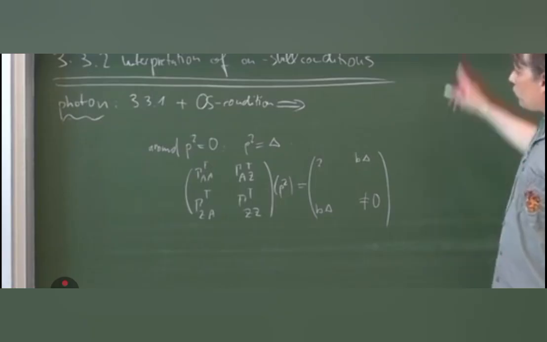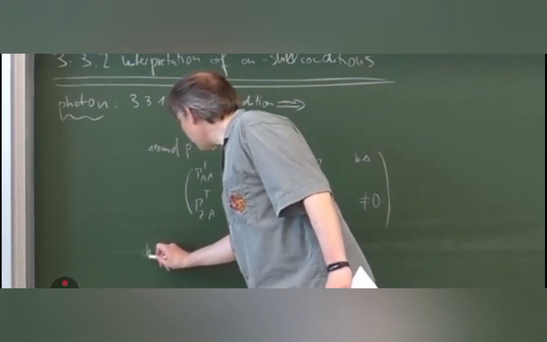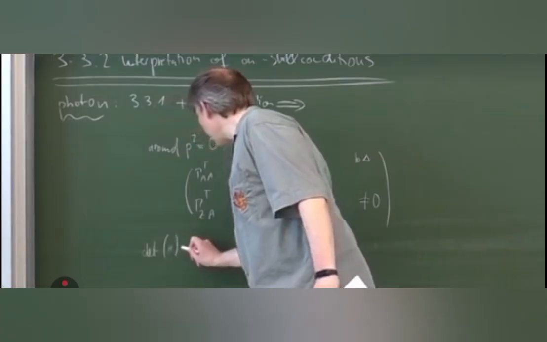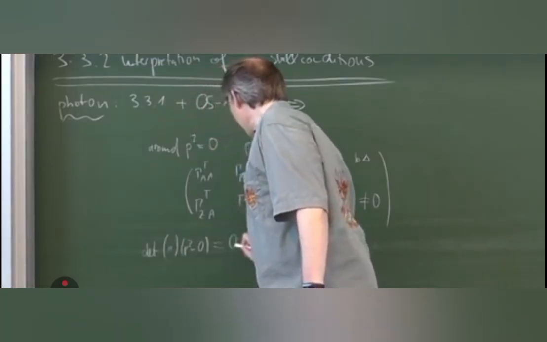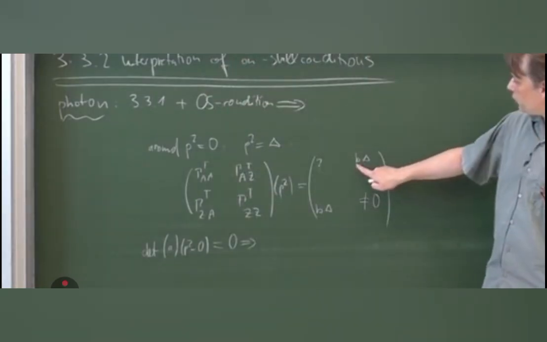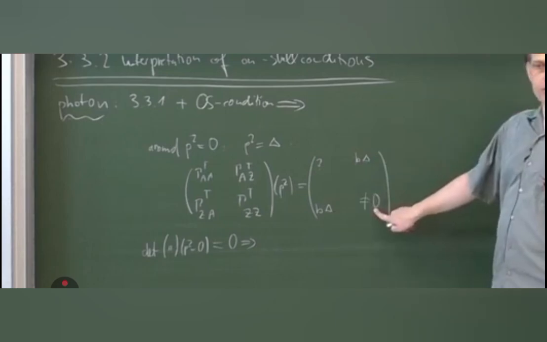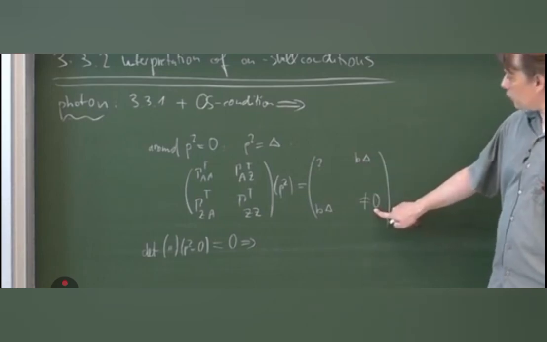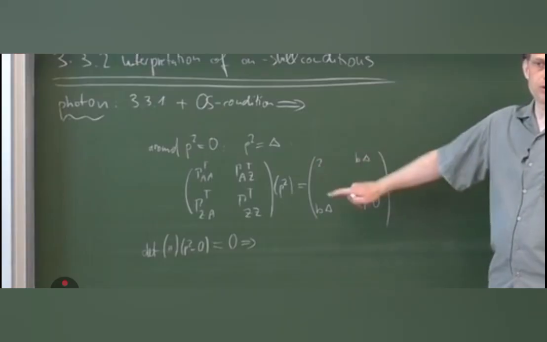And so now we know that the determinant of this matrix at p square equals 0 vanishes. And what does it imply? It implies at p square equals 0, the off-diagonal elements vanish. This diagonal element is definitely non-zero, therefore we know that at p square equals 0, that diagonal element must vanish.